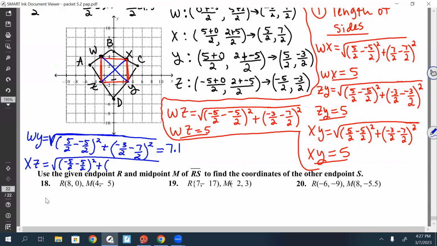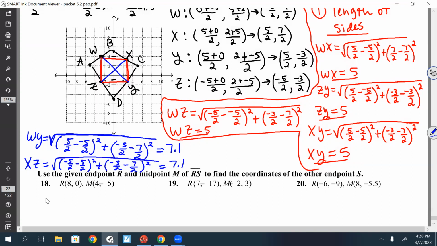So -3/2 minus, and then the Y coordinate for point X is 7/2 squared. And if you type that in, you also get that that is 7.1. So what do we see about our diagonals?